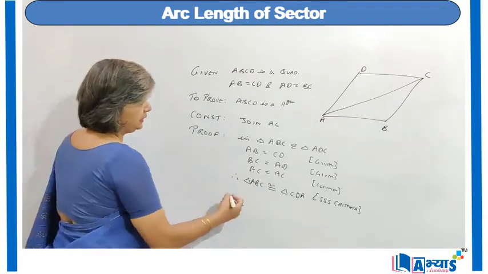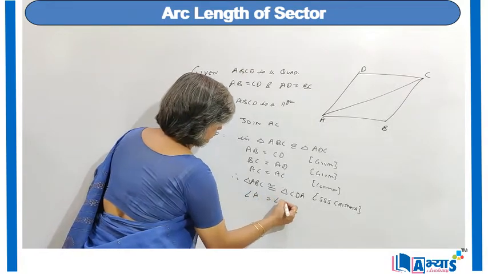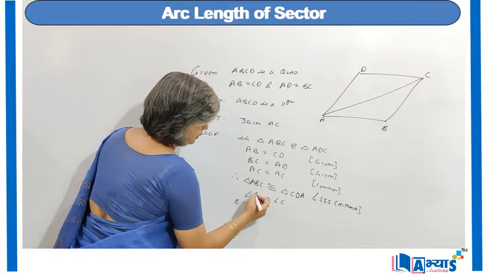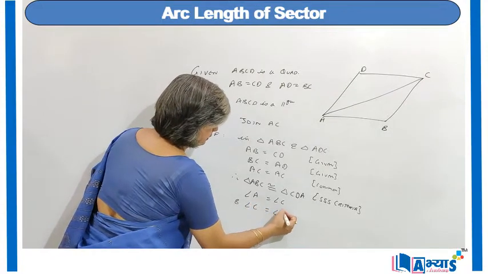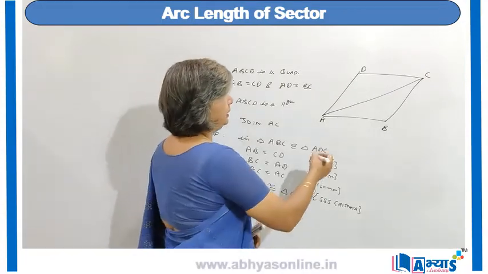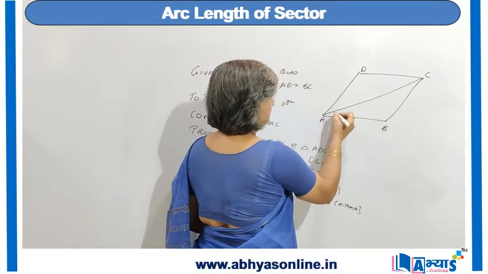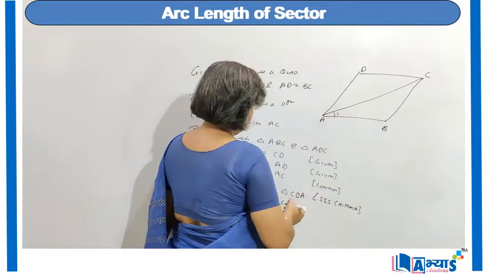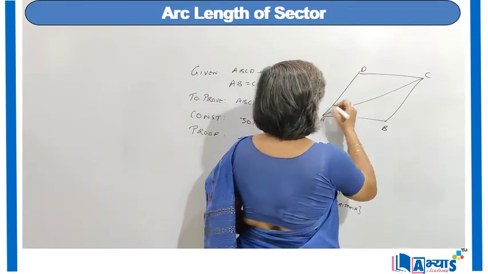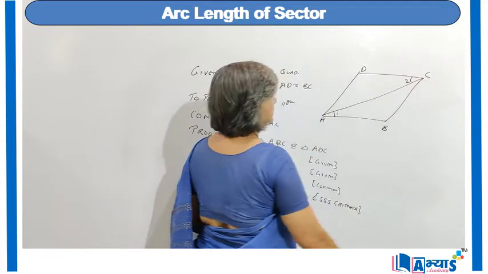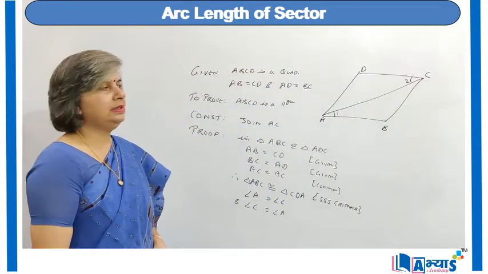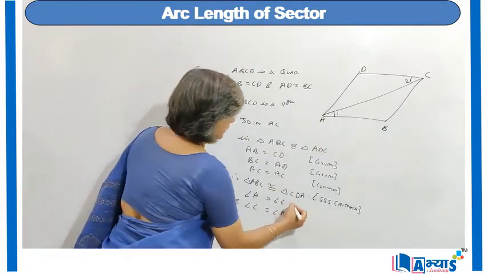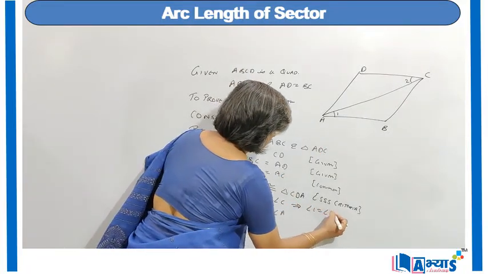So from CPCT we can say that angle A is equal to angle C. That means if angle A of triangle ABC is angle 1, and angle C of triangle CDA is angle 2, then angle 1 is equal to angle 2.